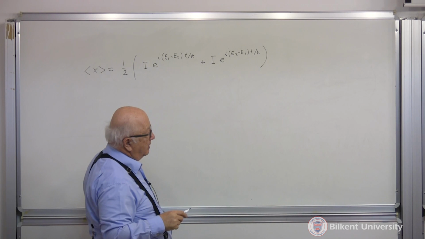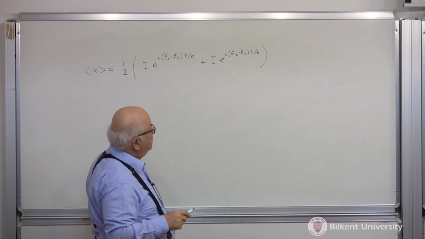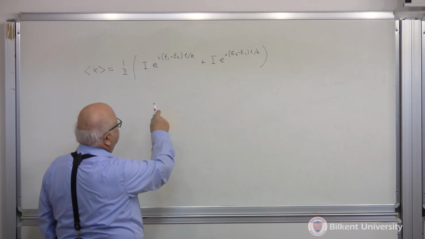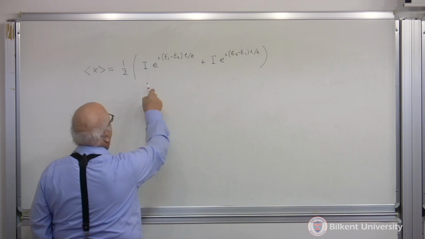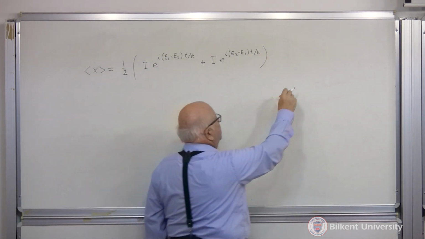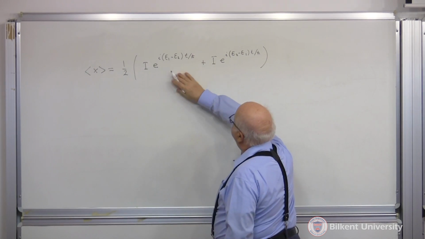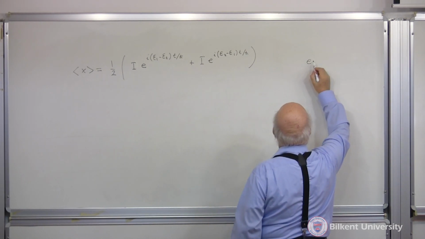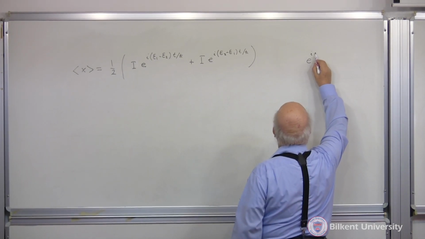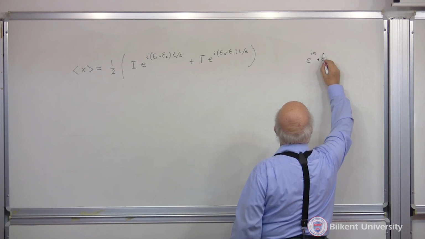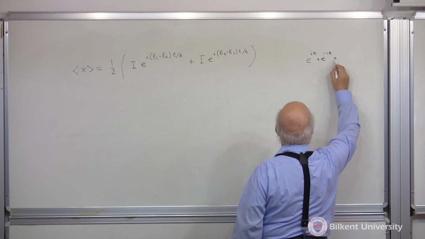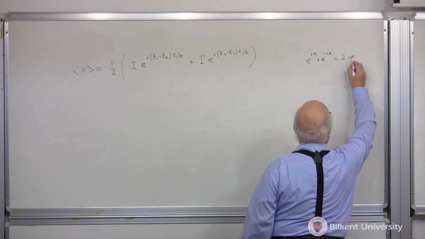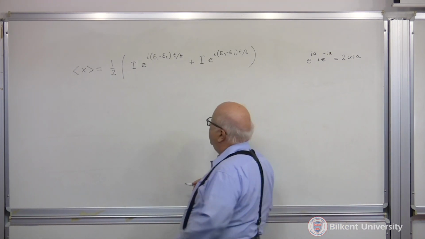Now that I have these functions, I can try to interpret what is going on here. Remember that an exponential with a plus some argument and minus the same argument, e to the i a plus e to the minus i a, is equal to 2 cosine a. So I already have a 1/2 here.